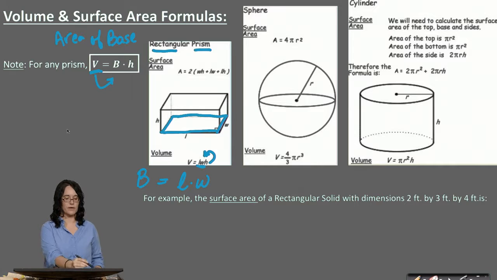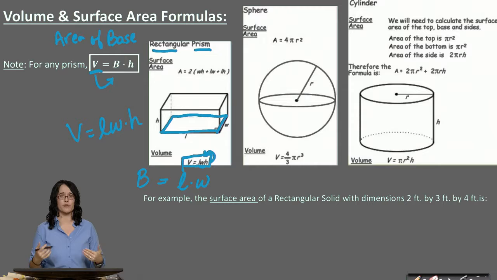So the volume here is length times width, that's the area of your base, and then multiply that by the height of the prism itself, or LWH. So rather than memorizing brand new formulas for every prism, when you're talking about volume, if you can figure out what the base is, and it's the same base on the top and the bottom since it's a prism, then you simply have to get that area and multiply it times its height.